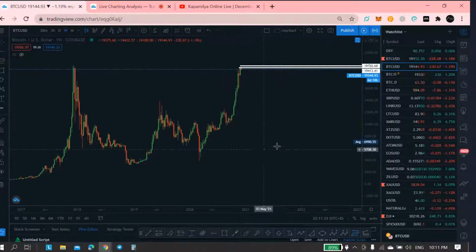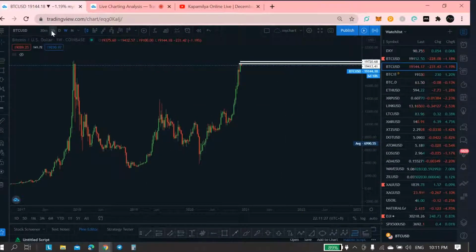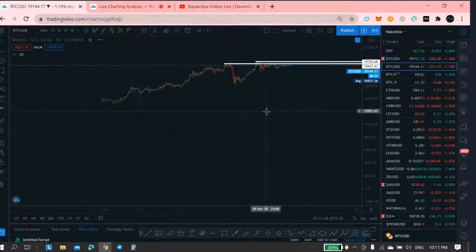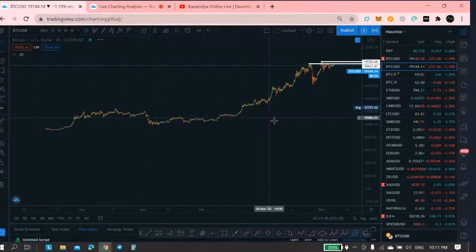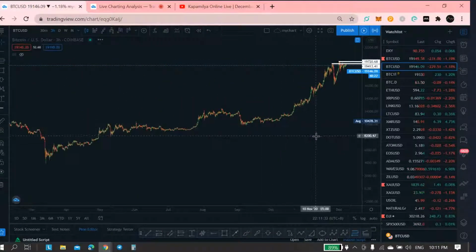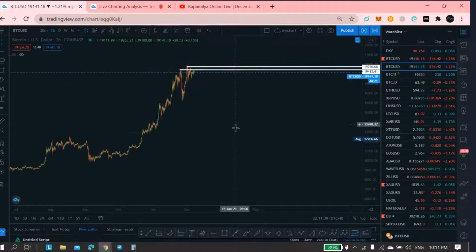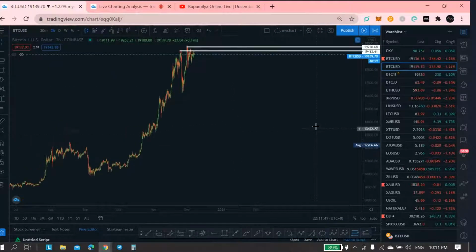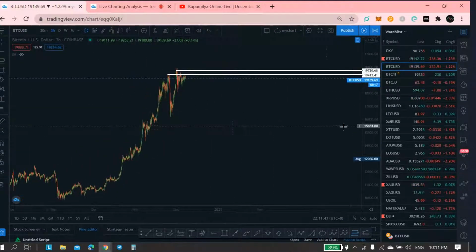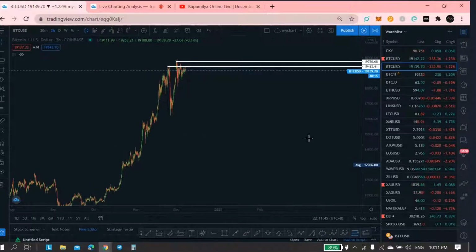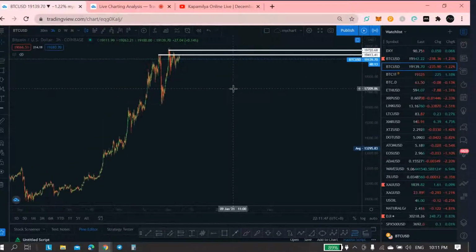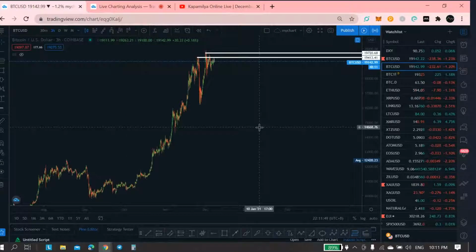But of course, it needs to retest that area first, 19,720. That's the resistance to break. And then possibly the 20,000 area, and then to 21,000. Actually, I still have a position here, but I already got stopped out.